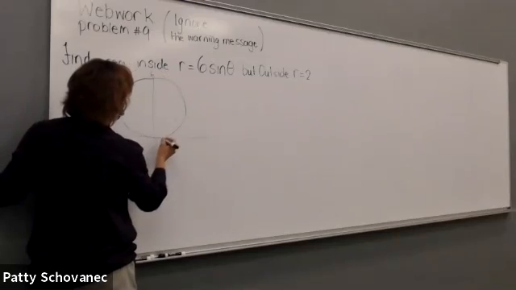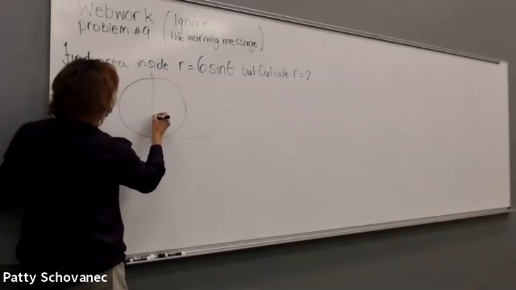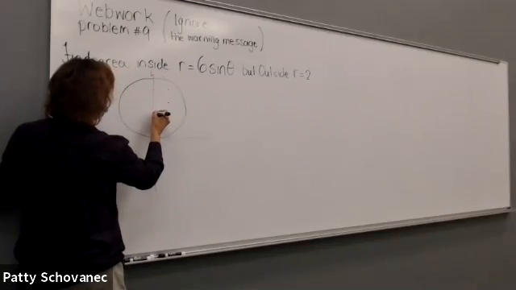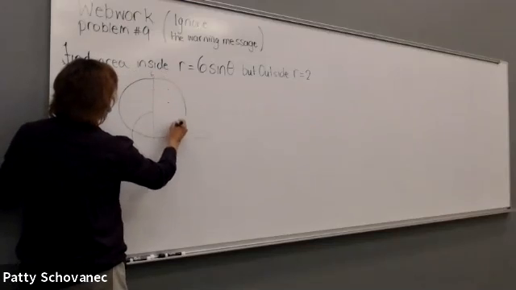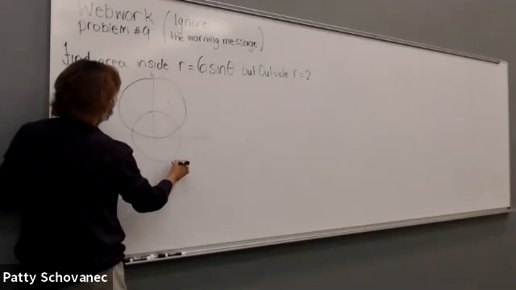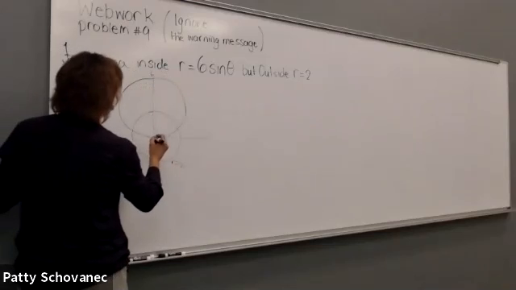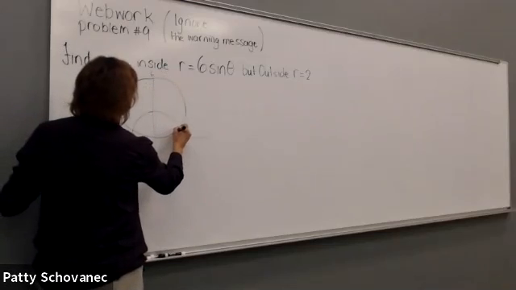And that other circle is centered at the origin with radius 2. Something like this. We want inside this circle, but outside that circle. So we want in here.